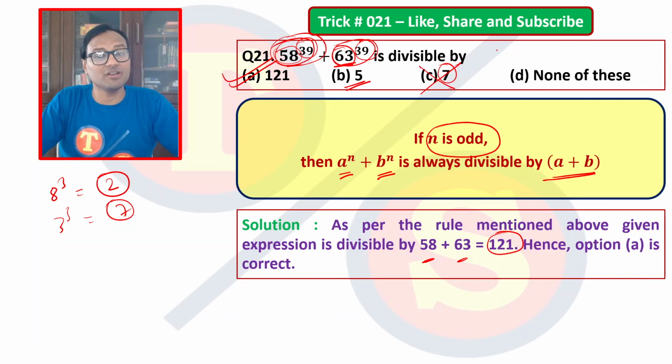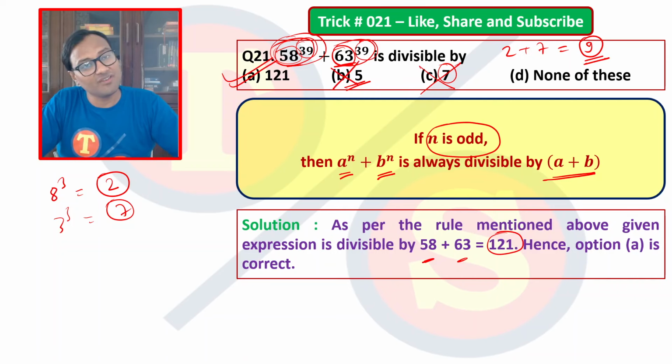If I calculate the unit digit of this sum, it comes out to be 9. And any number whose unit digit is 9 cannot be divisible by 5. Anyway, that was not required because you have obtained the right answer and no other answer option supports any other idea. So definitely you can go for it, but I have just told you for your information.